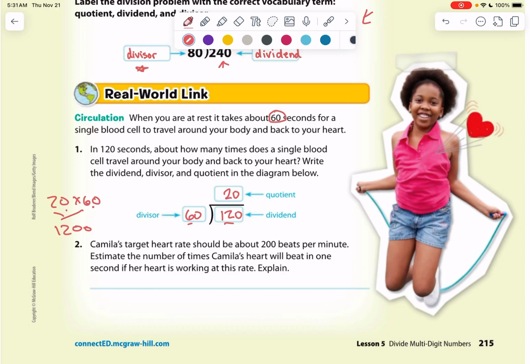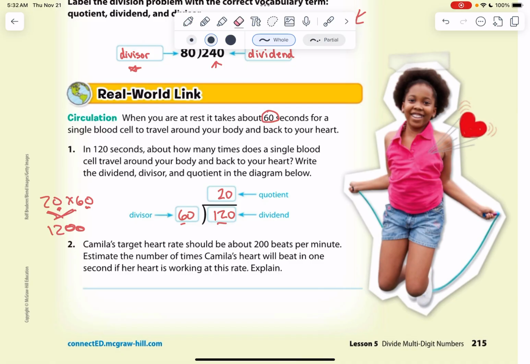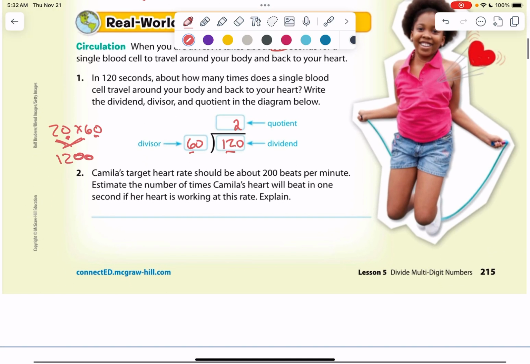I estimate 6 times 2 is 12. But then if I hadn't thought about this right here, that 20 times 60 is 1,200, I would have gotten this wrong. So in actuality, 60 times 2 is 120. So let's take a look at this one here.